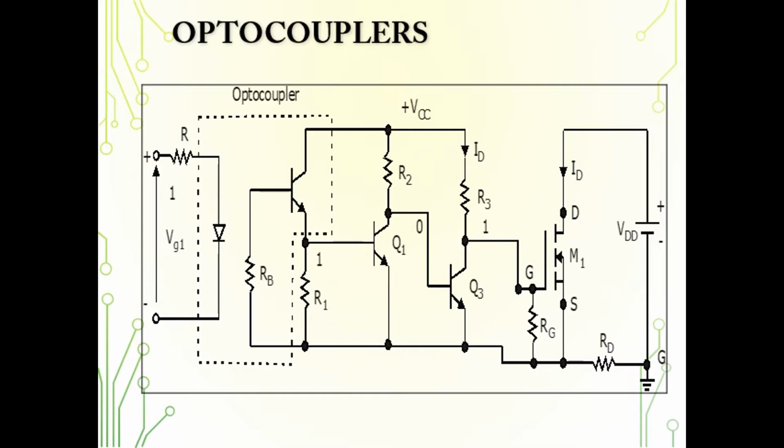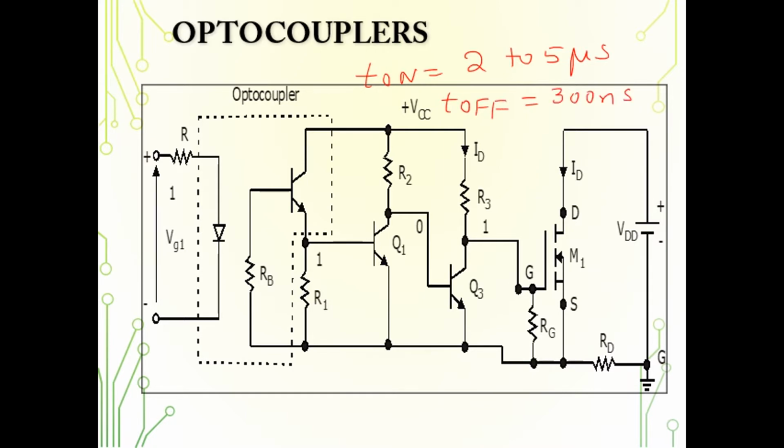So the rise and fall times of the phototransistor should be very small. The typical values of the turn on time for your phototransistor should be around 2 to 5 microseconds, whereas the turn off time should be around 300 nanoseconds.